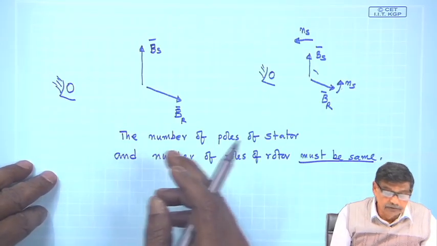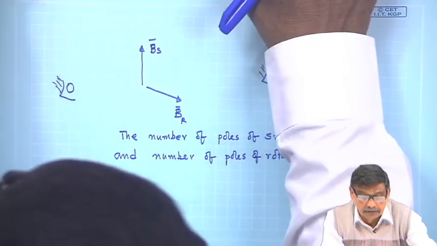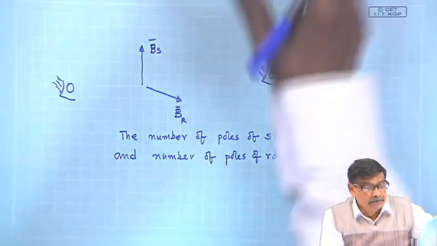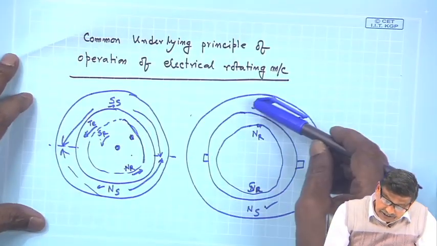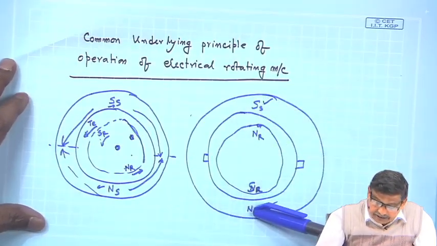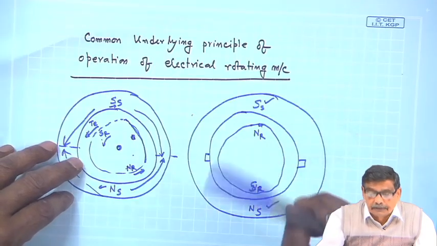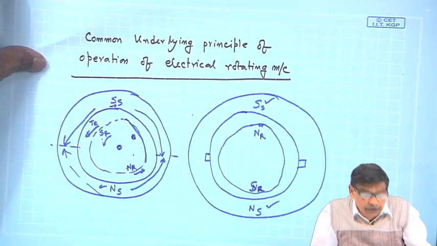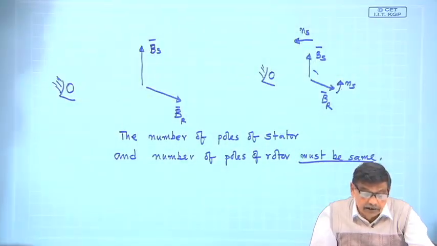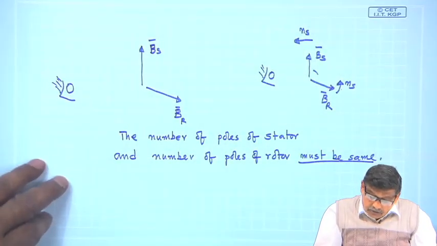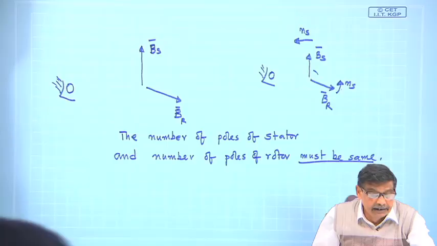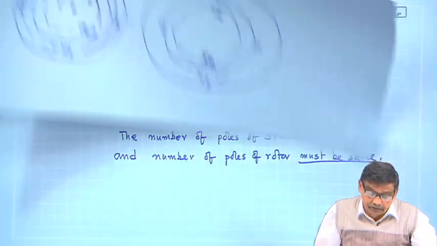Number of stator poles, for example, in this example we have a machine where 2 poles are there, S S N S for the stator, and also 2 poles are there for the rotor, N R S R. Now, here is a new situation. It looks like we know how to create a 2 pole pattern, as I told you.